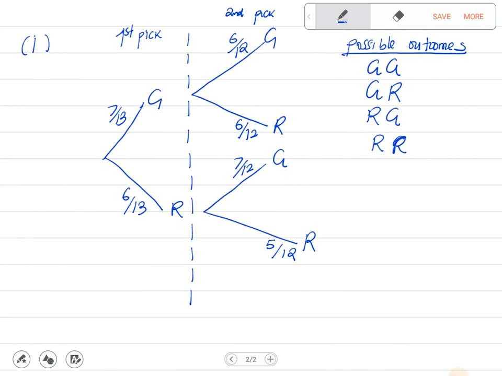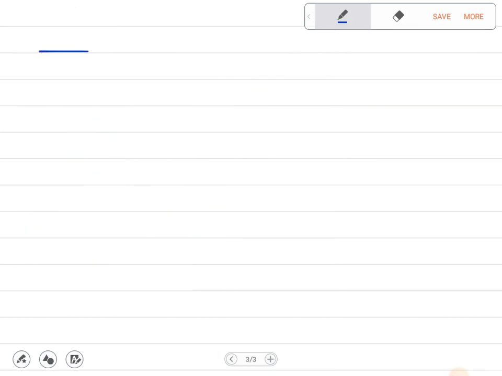So come here and ask yourself, which ones of the possible outcomes have got green first? It is this one and this one. That's all. That means the question is done. All right. So we'll have GG or GR. So now we can proceed and answer the question.